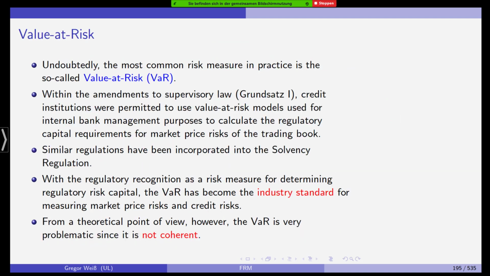So what should we do instead? What has become industry practice and industry standard basically is the so-called value at risk, or VaR.